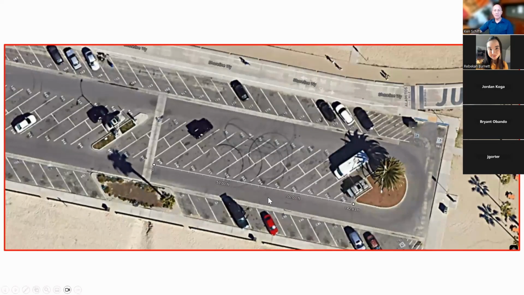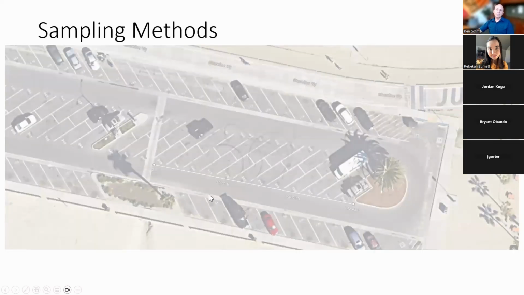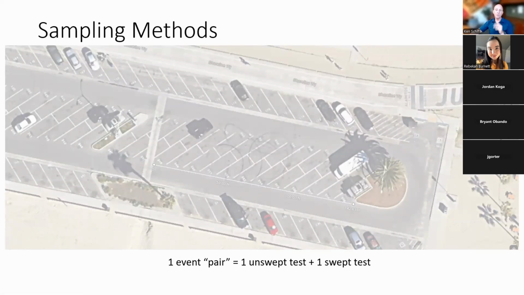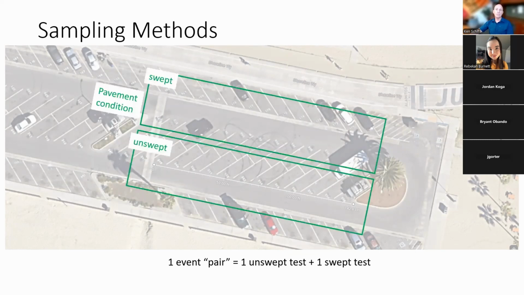Here's a close-up of it with a distance scale. And the first thing to do was create our event pair. Remember, we wanted to compare one swept to one unswept portion. And that's what you got on these separate sides of the parking lot.